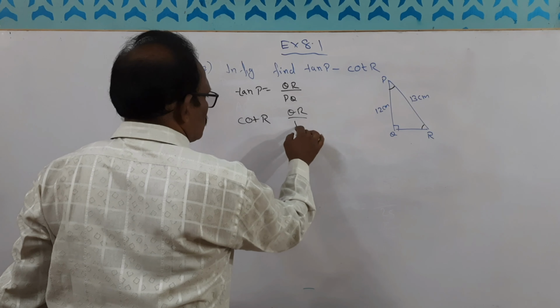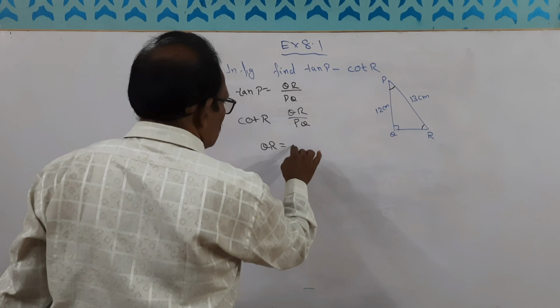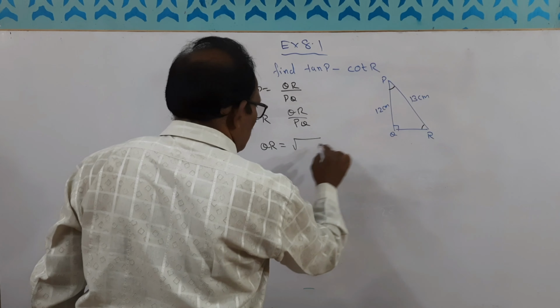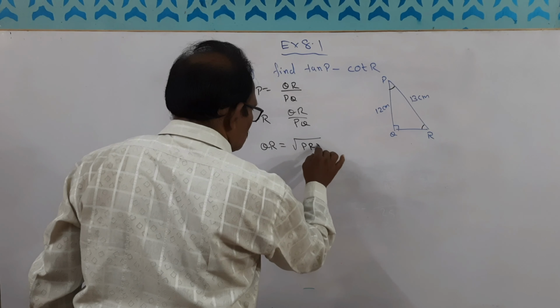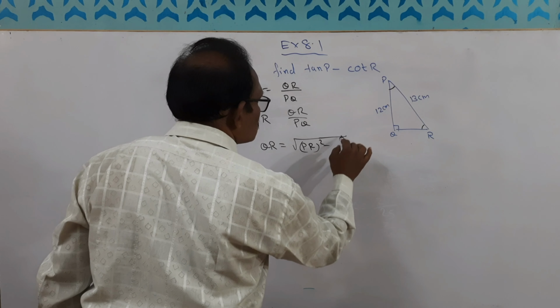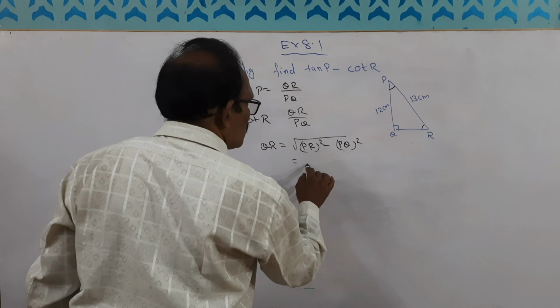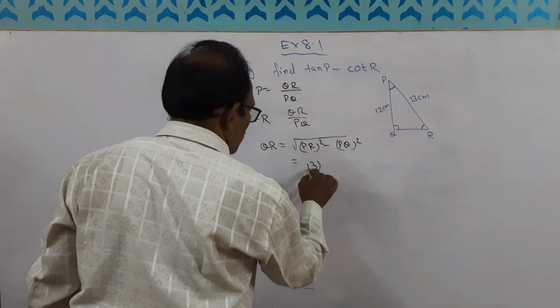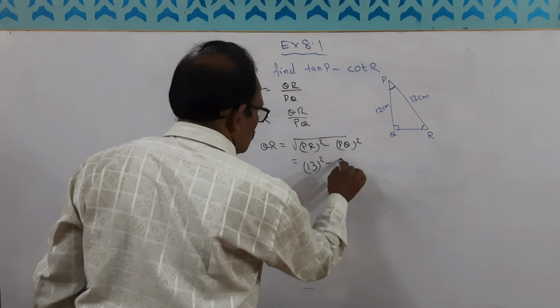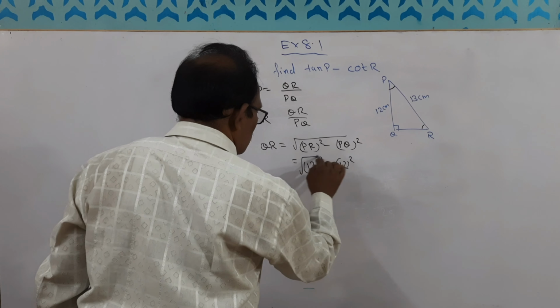Now we will find out what is QR. QR is equal to the square root of PR square minus PQ square. So PR is 13 square minus 12 square, again under root.